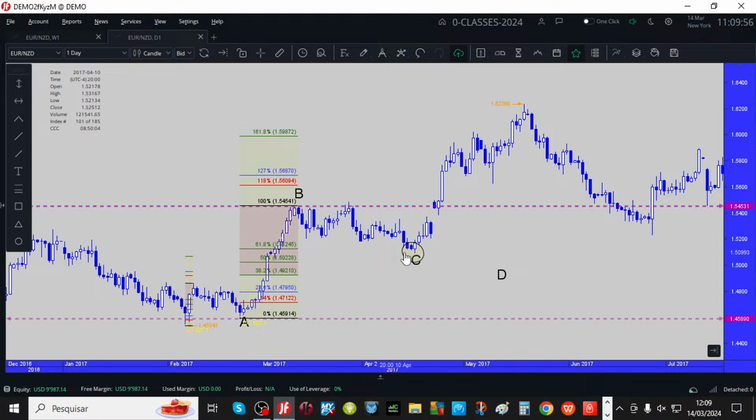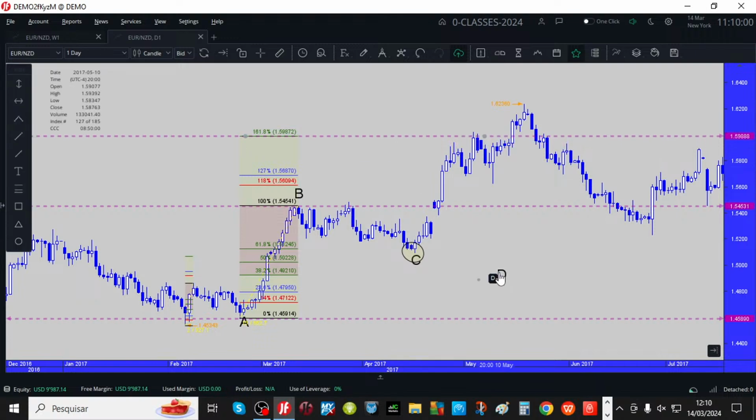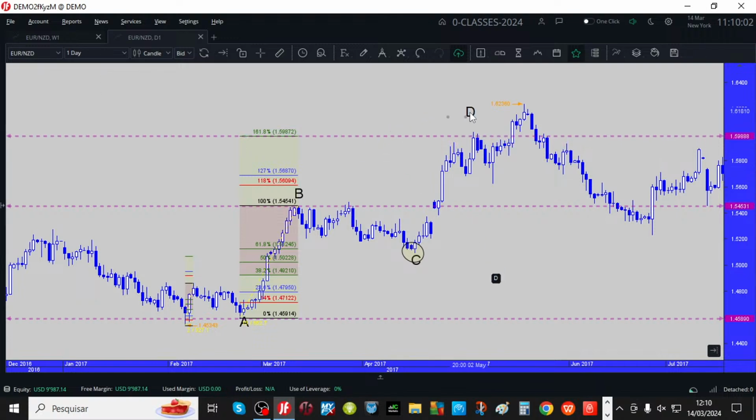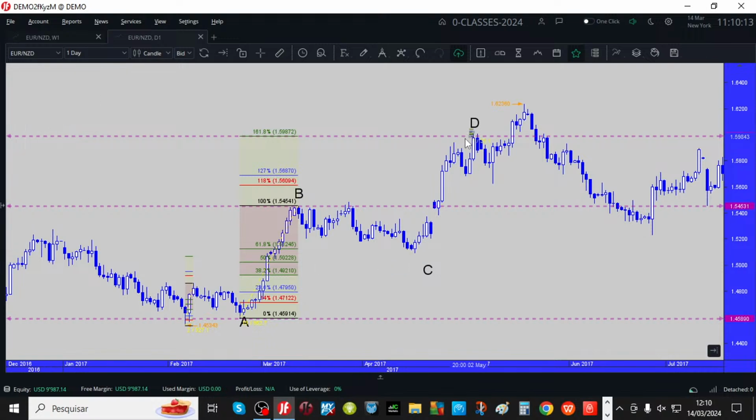And if you agree, green goes to green, so horizontal line, and as you can see, the market formed a high at the D, right? Agreed? So we have a new Fibonacci sequence, right?